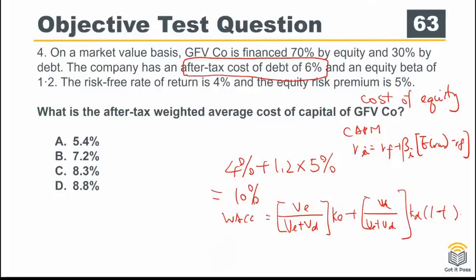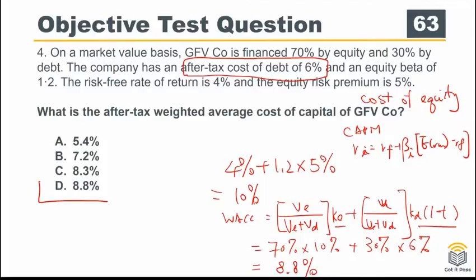Here we have all the numbers. So the weighting is 70% times 10%, which is the cost of equity, plus the after-tax cost of debt of 6% with 30% weight. So the WACC here is 8.8%. So the answer is D.